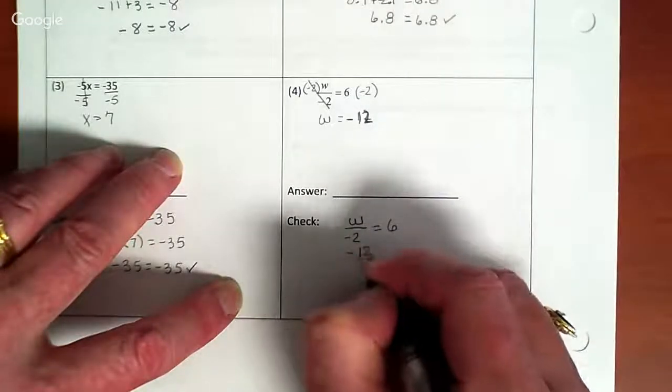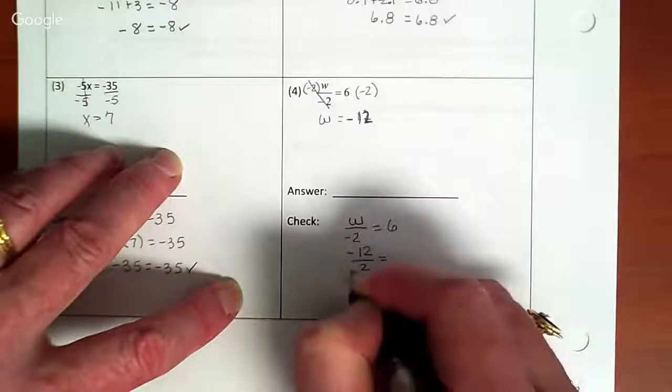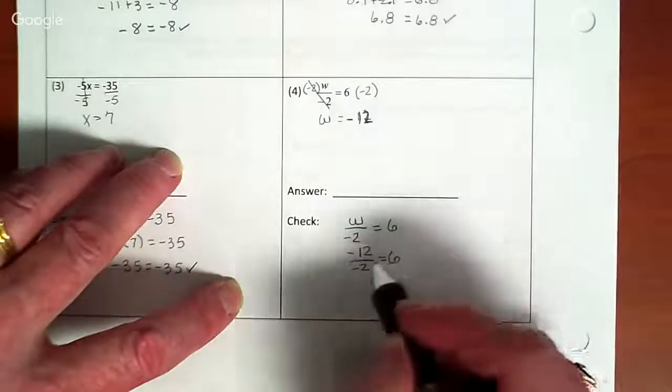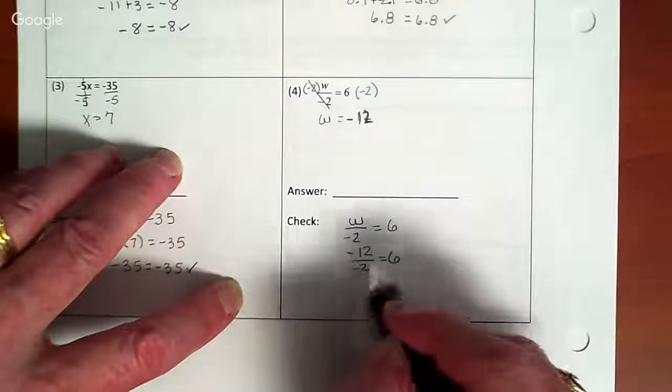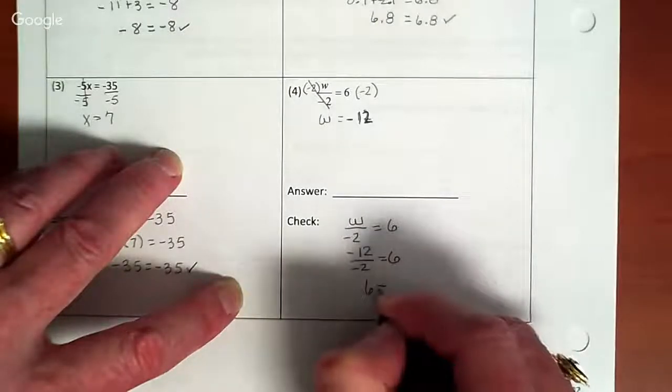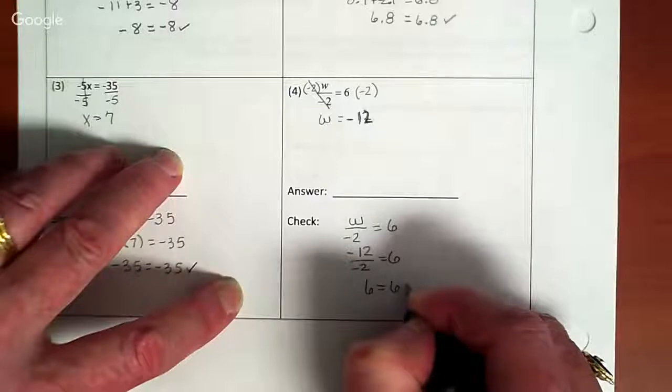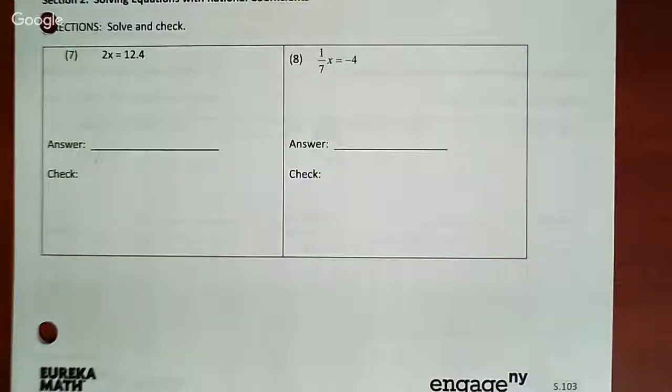Replace and do the math. Negative 12 divided by negative 2 is 6. Is that what we were looking for? Answer is yes. Next.